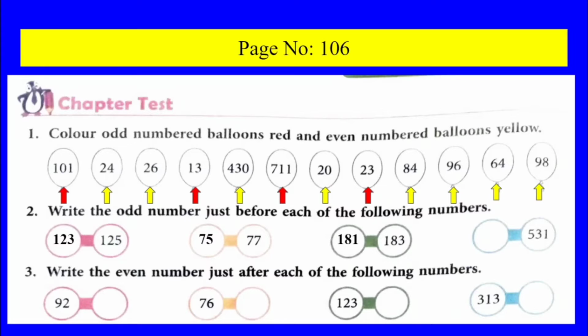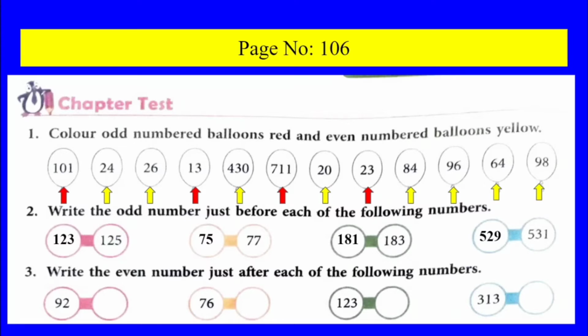Yes, 529. So is 529 an odd number? Very good, 529 is an odd number because it ends with the number 9. So children, 529 is the odd number just before 531. So we will write 529 over here.